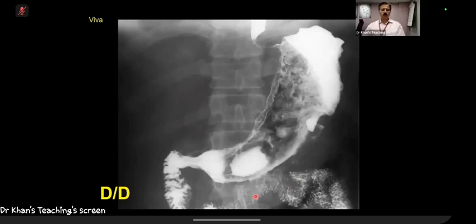Right, very good. So the point is that there is loss of distensibility of the stomach. One of the exam tips in barium examination, and this is a key tip to remember, whenever you find something, particularly loss of distensibility, you have to tell the examiner that in my usual practice, I would like to confirm it on a subsequent film, because there can be technical reasons for under distensibility.